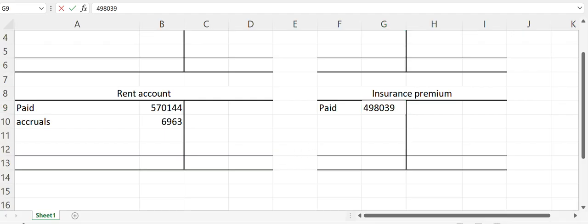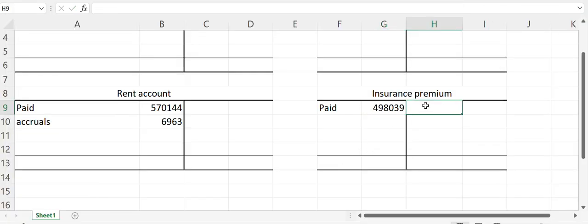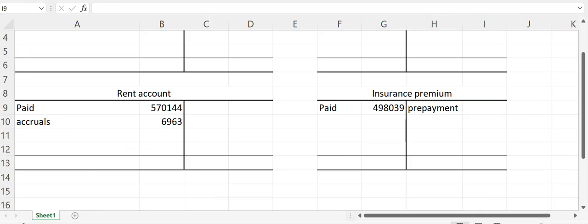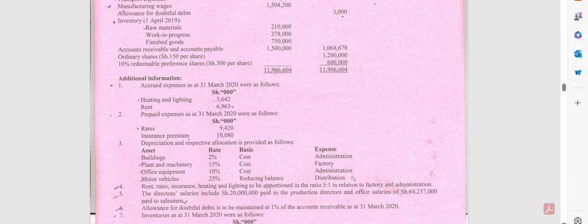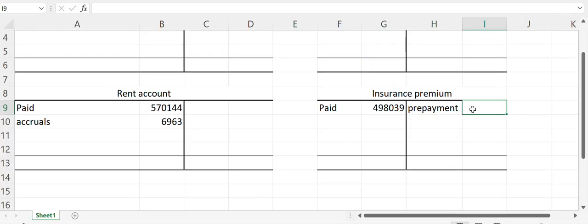Let me confirm. 498,039. Yeah, it's okay. So we have the prepayment. For insurance, it was 10,080.